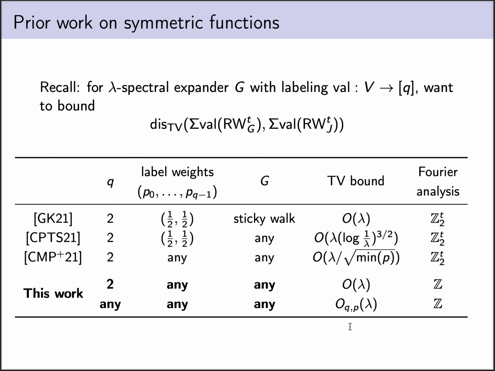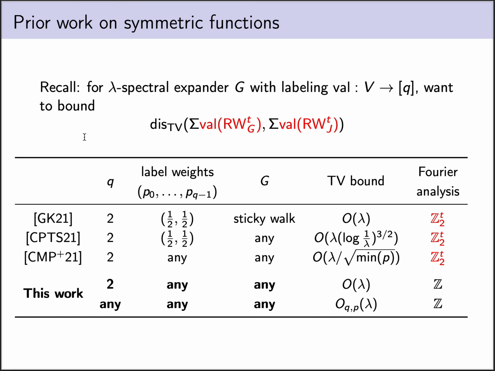Perhaps most notably, our techniques are different. We use Fourier analysis over the integers, like continuous Fourier analysis. To illustrate that, all these prior works basically looked at the length T sequence of labels you get from the random walk and did Fourier analysis on that quantity, which is a little tricky because then they still have to deal with this sum.